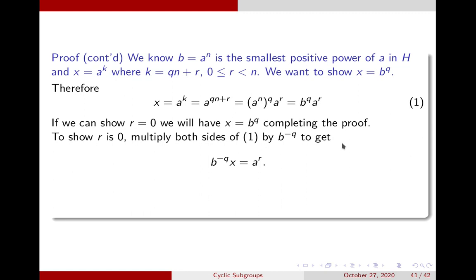On the left, multiplying x by b to the minus q gives me b to the minus q x. And multiplying b to the q a to the r by b to the minus q gives me a to the r. B to the minus q times b to the q is b to the 0, which is the identity.